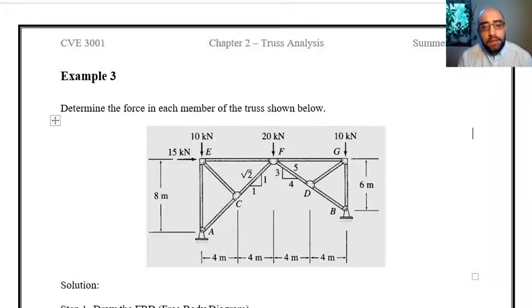So let's take a look at this example and see how we can use the method of joints for analyzing this truss. In the previous examples, I said that we have to make an assumption or kind of guess which members are in tension and which members are in compression. Based on that, put the loads or forces at the joints and then start analyzing each of the joints in the truss. Your initial guess or assumption does not always have to be right. Actually, most of the time we will see that our guess is not correct.